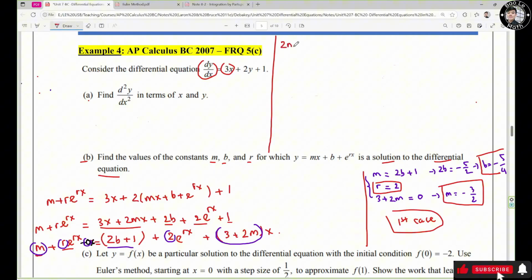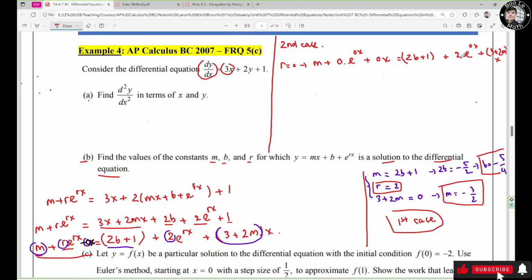Now the second case, what if r equals 0? Then the left hand side becomes m plus 0 times e raised to the 0s plus 0s, and the right hand side is going to be 2b plus 1 plus 2 times e raised to the 0s plus 3 plus 2m times s.